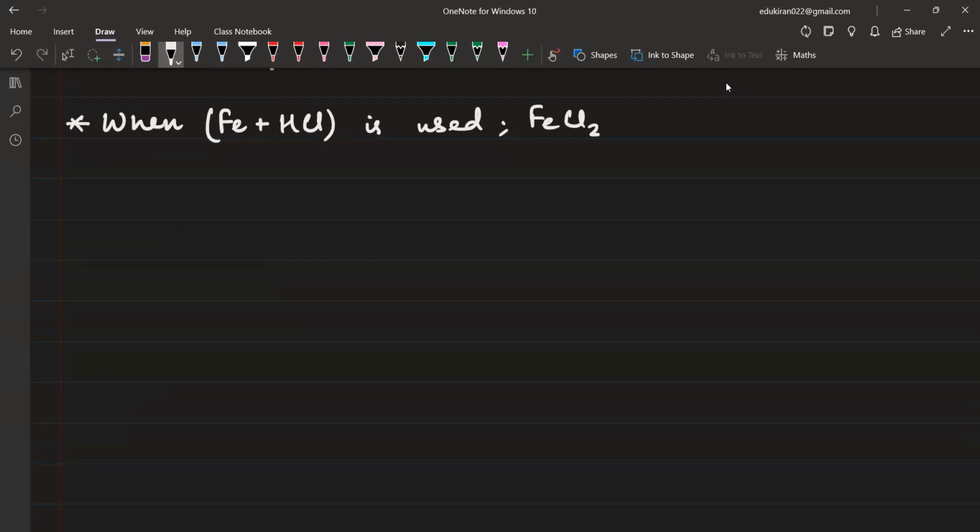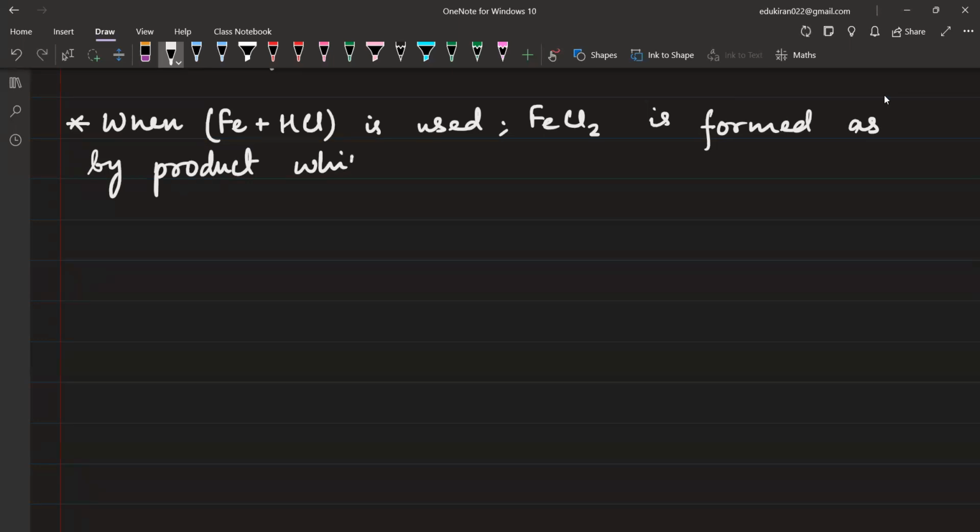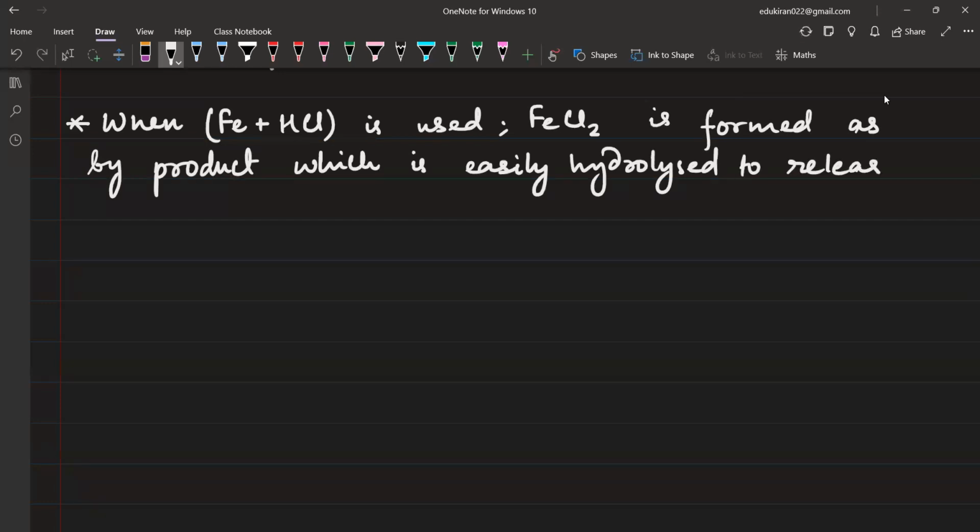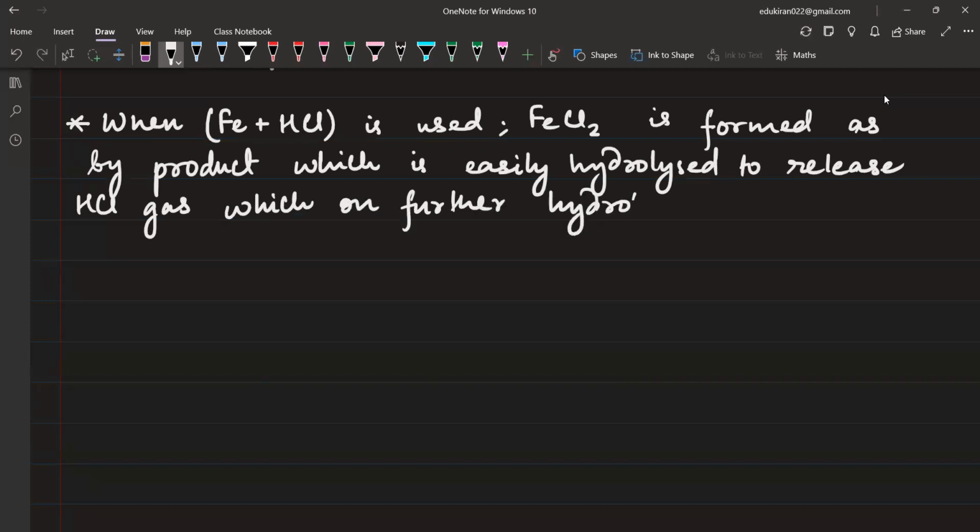When Fe plus HCl is used, FeCl2 is formed as byproduct, which is easily hydrolyzed to release HCl gas, which on further hydrolysis forms HCl.